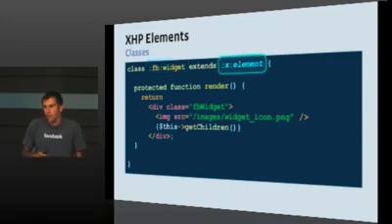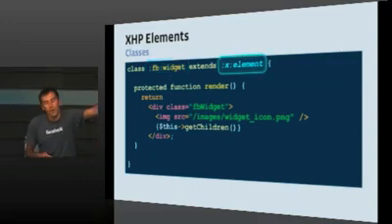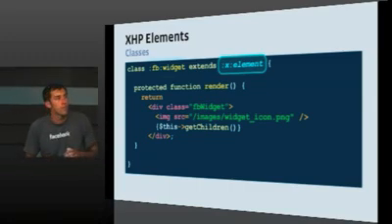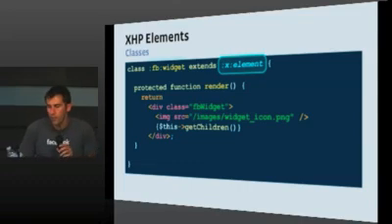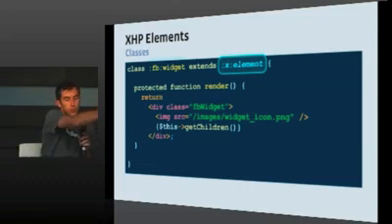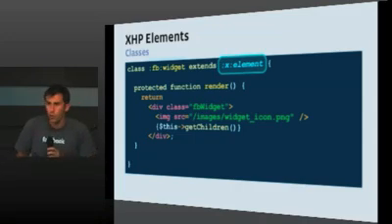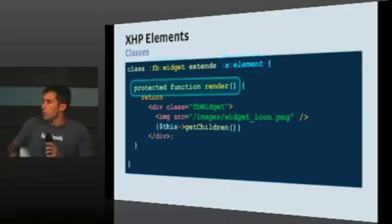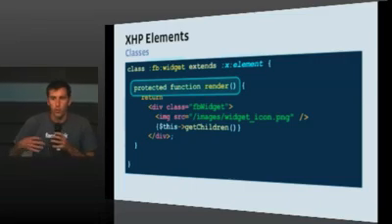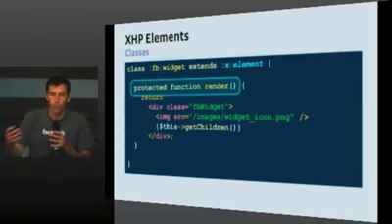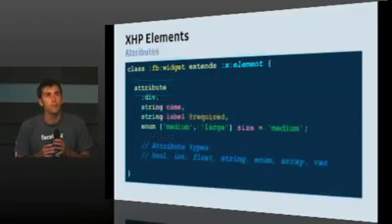You then extend the core XHP element, which is x:element, and that gives you all your basic set attribute, get attribute, append child. All those methods will come for free with that. And then you create your render method, in which you return core HTML for how your XHP element will be viewed on the page.